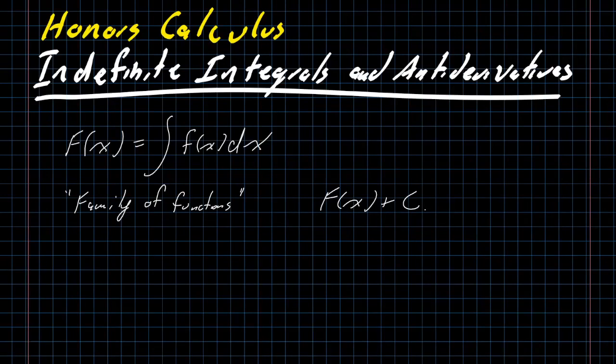I get a family of functions, big F of x plus c, for any constant c. Every distinct value of c is also correctly the solution to the indefinite integral. And the property in question is that the derivative of capital F of x is equal to lowercase f of x.